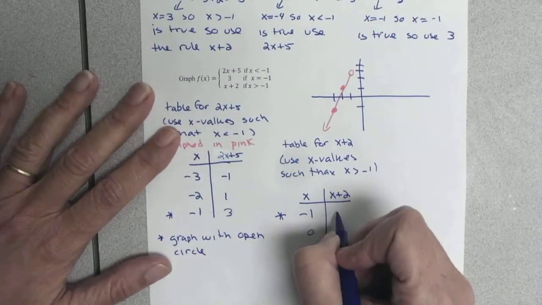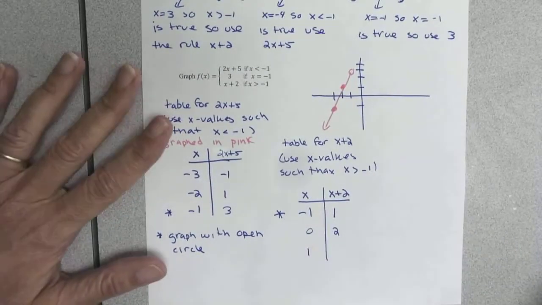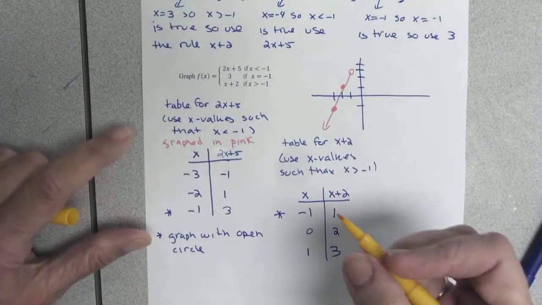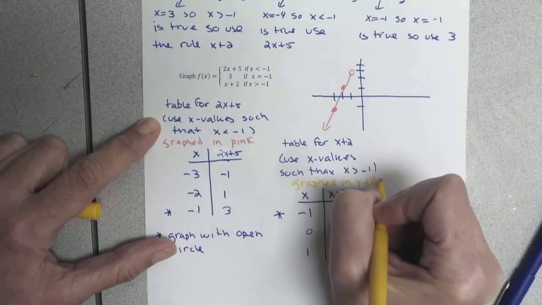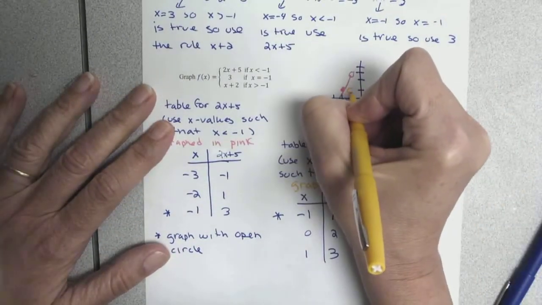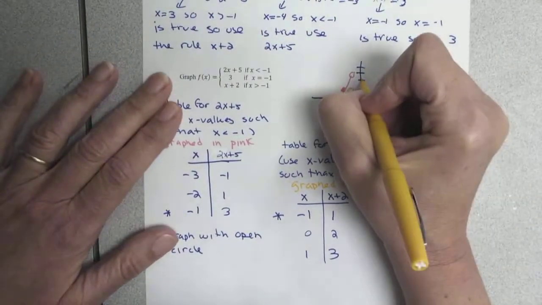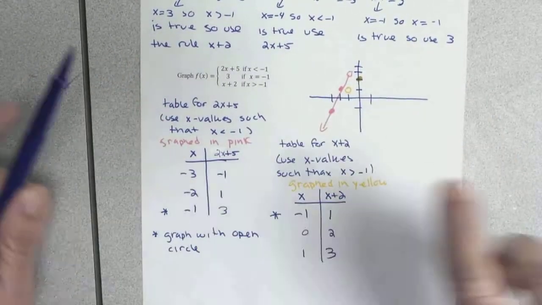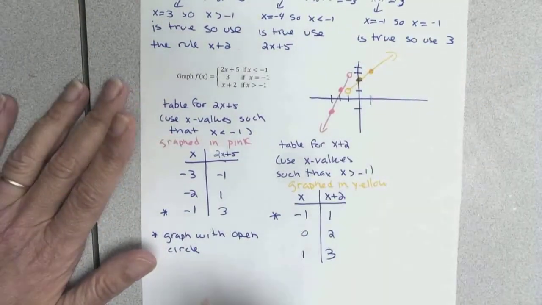If I plug -1 in there, I'm going to get 1. If I plug 0 in there, I'm going to get 2. If I plug 1 in there, I'm going to get 3. And let's graph this in yellow. So -1, 1, open circle, right about there. 0, 2, right about there. And 1, 3, right about there. And so there's that branch.